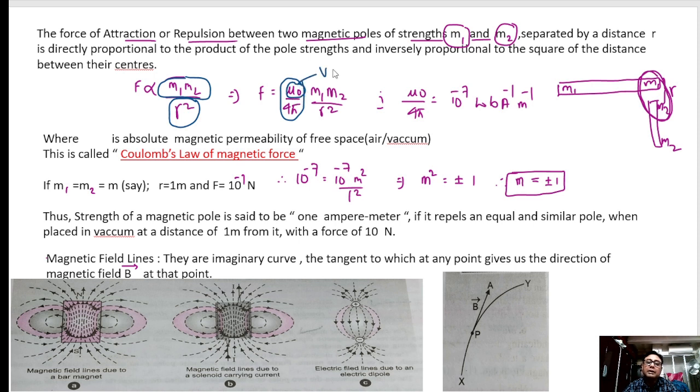Here we are dealing in vacuum, so that is why it is mu 0 by 4 pi, whose value is 10 to the power minus 7 Weber per ampere per meter.